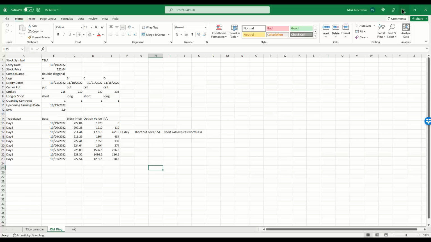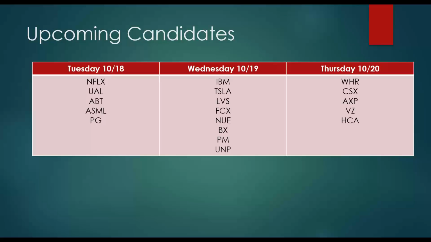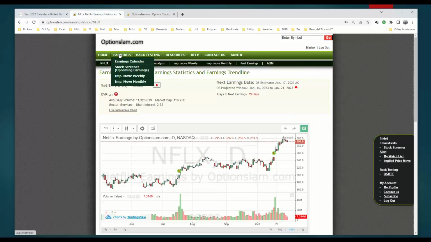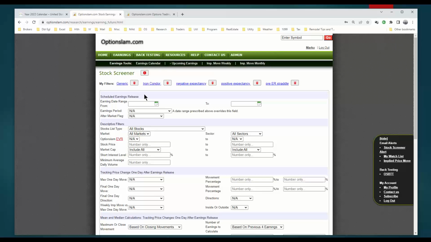So let's go over to optionslam.com and let's go into the stock screener, which is pretty much the most popular page at optionslam.com. This is where most insider traders go to see what's coming up in earnings. So I saved a few different sets of screening.